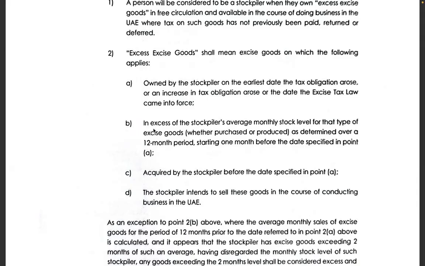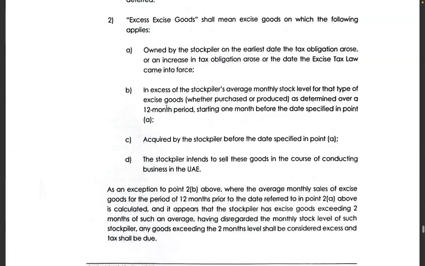So in excess of the stockpiler's average monthly stock level for that type of excise goods, as determined over a 12-month period, starting 1 month before the date in point A, acquired by the stockpiler before the date specified in point A. So point B mentions a date which is 1 month before the trigger point date.